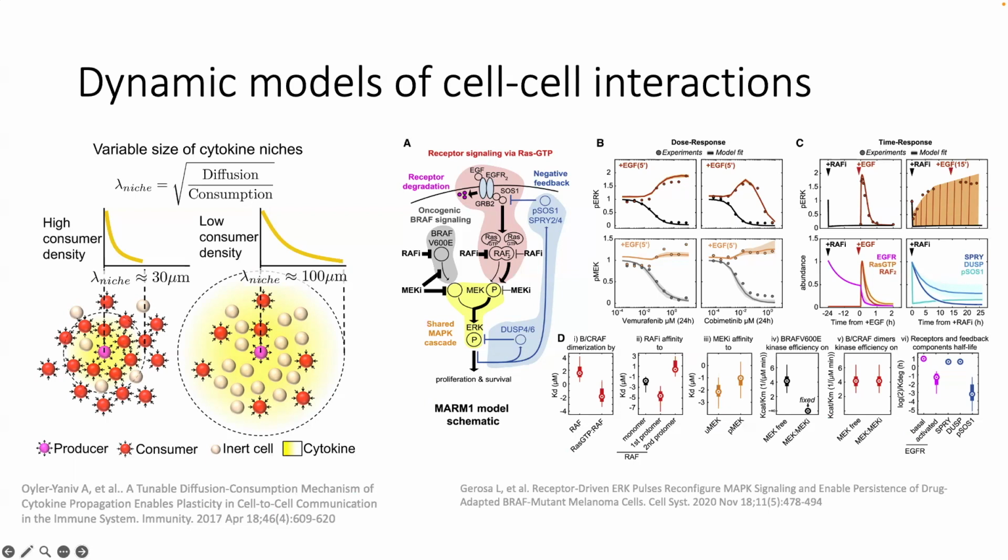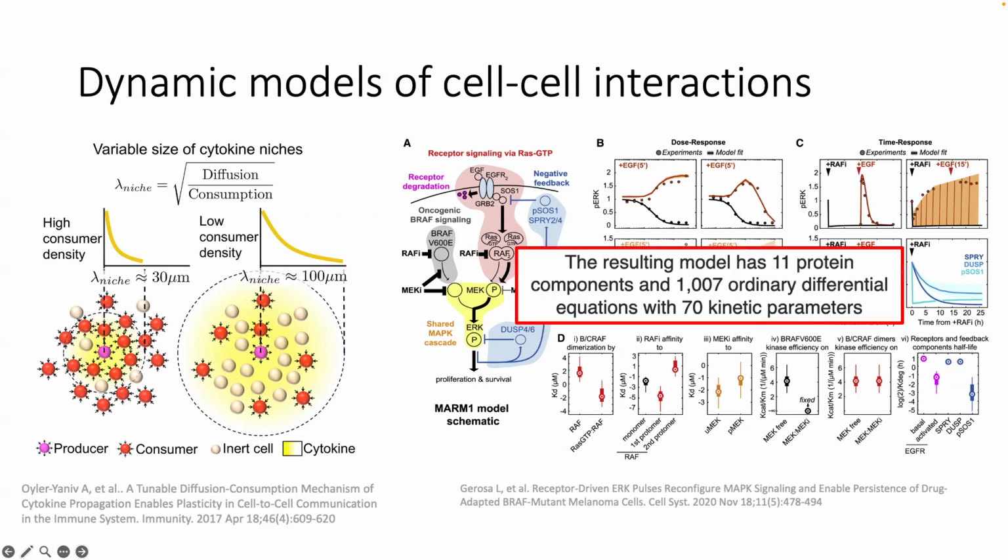Or there are more specific models where you try to unravel a whole pathway. You try to measure as much as possible, maybe using a combination of transcriptomics and proteomics data over time, and you try to model all the responses of this communication process.